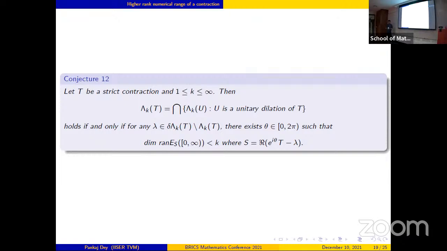For k equal to 1, the condition is equivalent to WT being a subset of an open half plane, and that equivalence can be proved for a very large class of operators. For example, if T is finite index, then these are equivalent. And if T is a shift operator, that is also equivalent. So we conjecture it, and we are working on it.